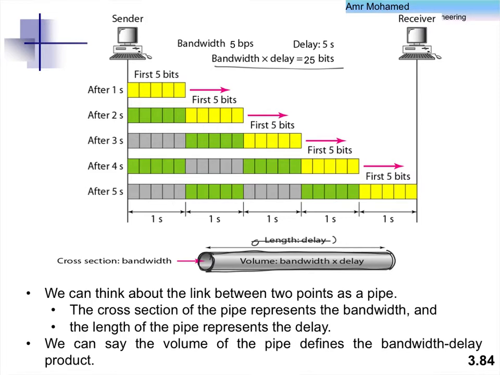So visually, the bandwidth delay product is the volume of bits that can fill the transmission medium. Bandwidth delay product is not a very common metric. The more common metrics are the first 3 that we talked about: the bandwidth, the throughput, and the delay component. And for the delay, we particularly focus on transmission delay and propagation delay. So this is the bandwidth delay product, which constitutes the volume of bits that can fill the transmission medium.